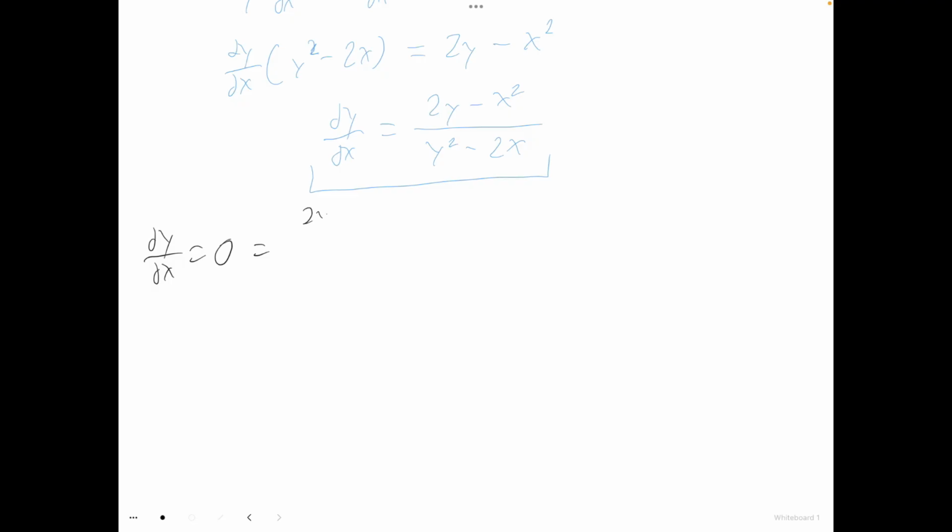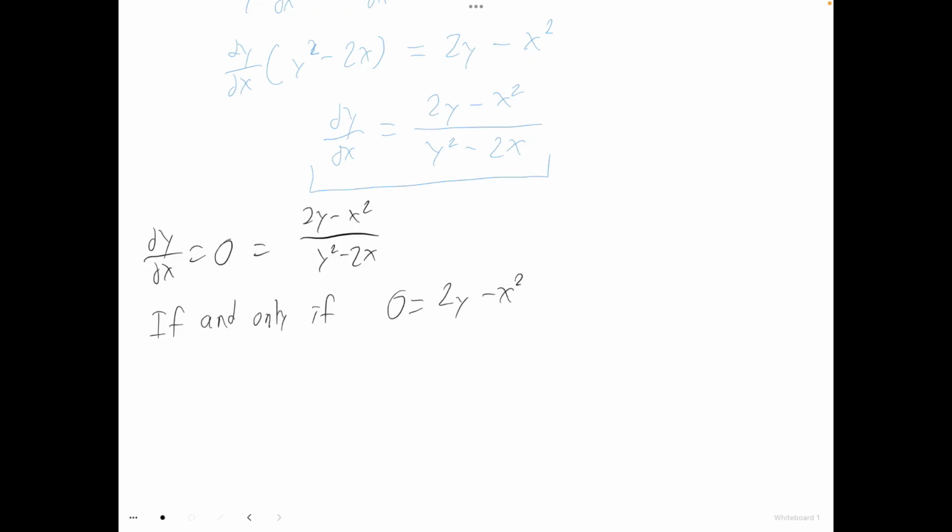So this will be 2y minus x squared divided by y squared minus 2x. And we want to solve for when this is 0. Now, assuming the bottom isn't 0, we would have just that the top has to be 0. So in other words, this happens if and only if 0 equals 2y minus x squared.